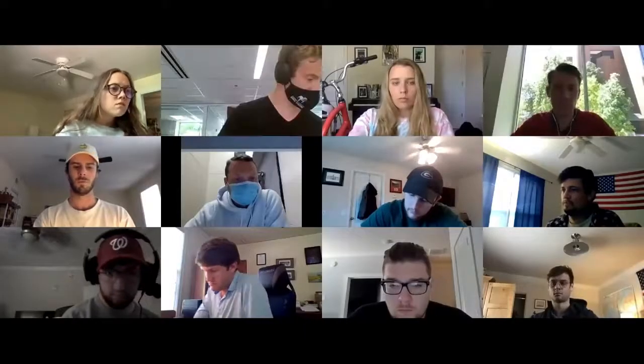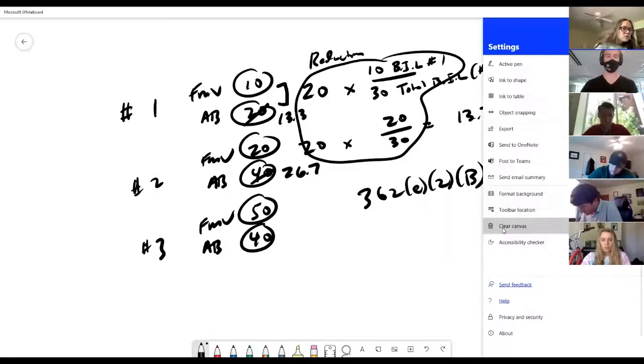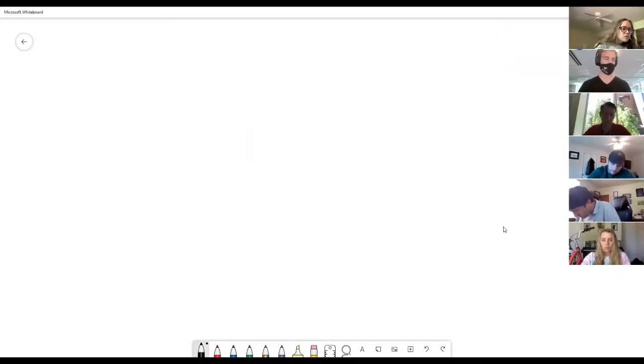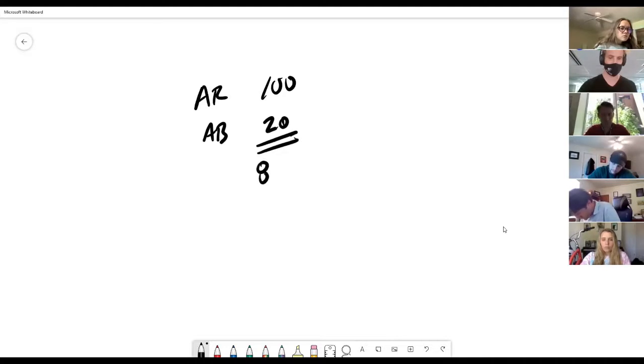Now we have a situation where, getting back to C, C's amount realized, again, is 100. C's basis in the property contributed is 20. C has 80 of gain realized.